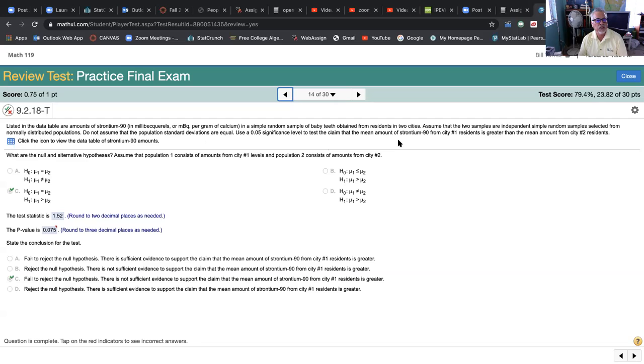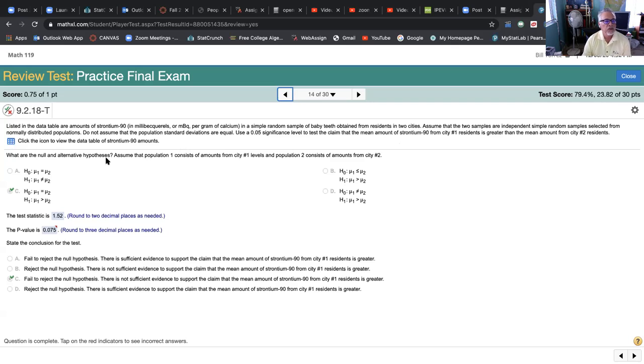Do not assume that the population standard deviations are equal. Use a 0.05 significance level to test the claim that the mean amount of strontium 90 from city number 1 residents is greater than the mean amount from city number 2 residents.